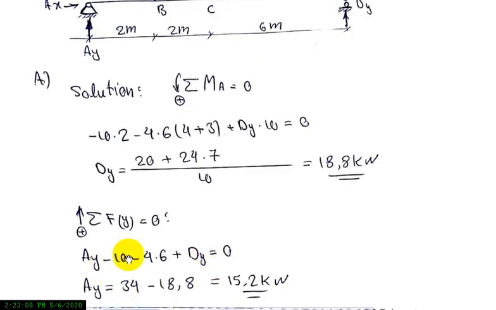Then Ay equals 4 multiplied by 6, 24, plus 10, 34. We change to the other side, it's positive, and we change the position of Dy to the other side of the equation. Putting in its value 18.8 and subtracting, it equals 15.2 kilonewton. It's the reaction of Ay.